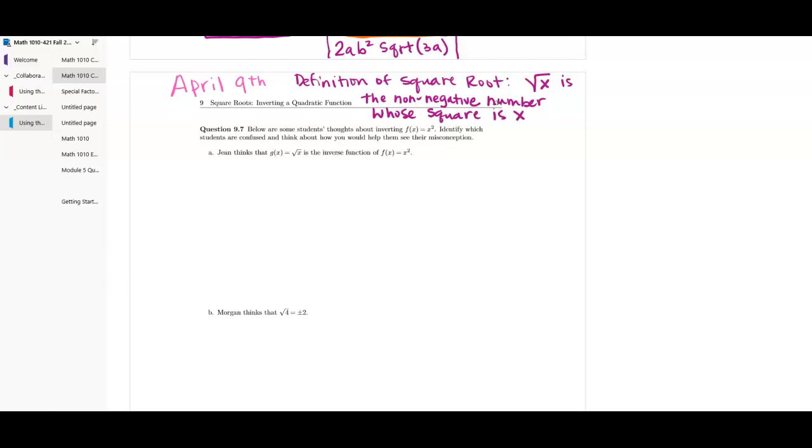We talked about that a little bit when we said something like the square root of 64, and I said, okay, what number squared gives us 64?